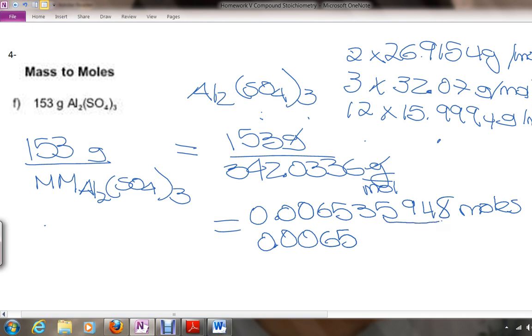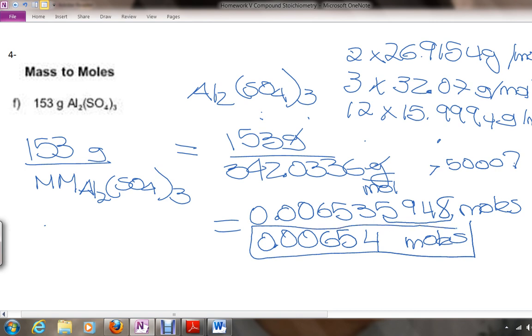Is the part we drop, 5948, greater than 5? Yes, it is. So you round it up, so it's going to be 4 moles. And this is 3 sig figs. You see how important it is to be able to do this. Okay, and that's our answer.